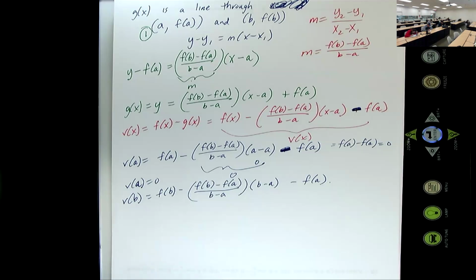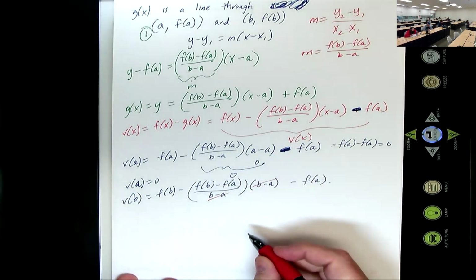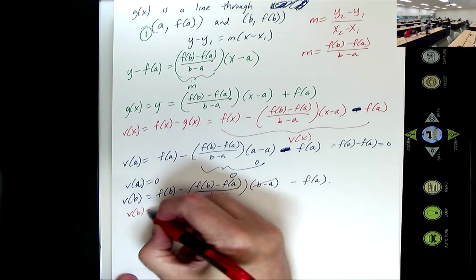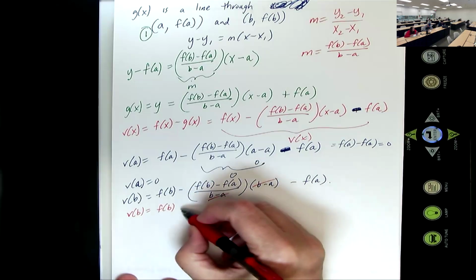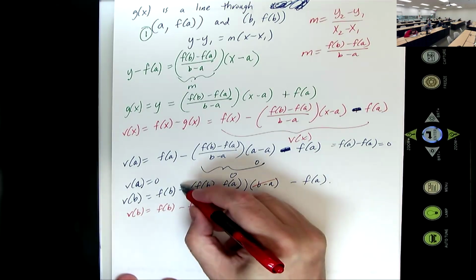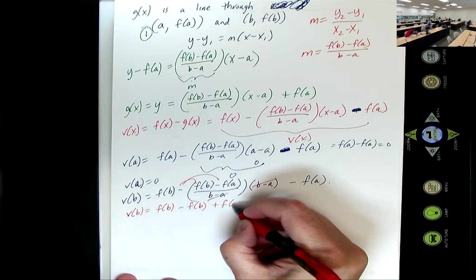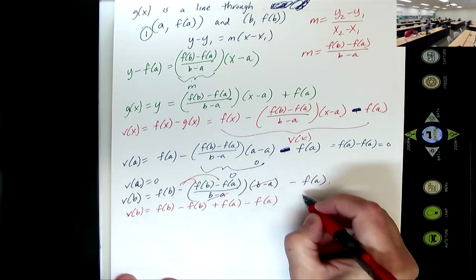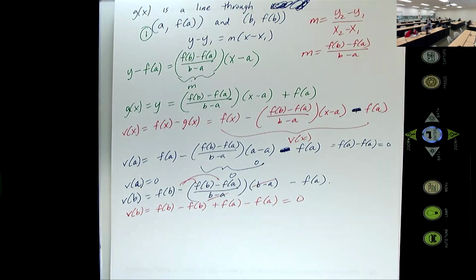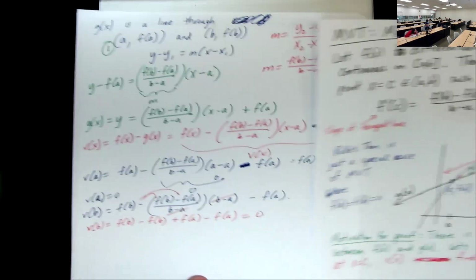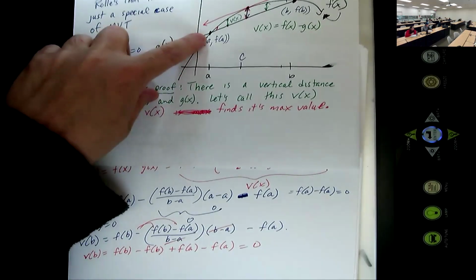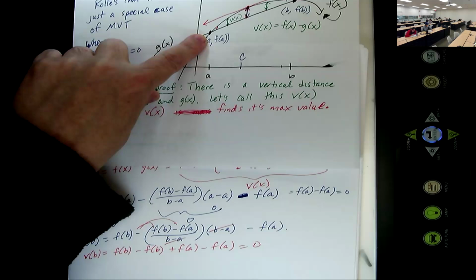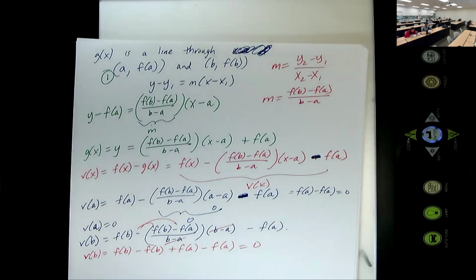And you'll see if we clean this up, this b minus a cancels this b minus a. And we have b at b equals f of b minus f of b on top, distribute, plus f of a, and then minus f of a. This is actually 0 also. Which makes sense if we look at the picture. The vertical height between these two things at the endpoint should be 0. They touch, they cross, that's how we made the function. So pictorially, that makes sense.